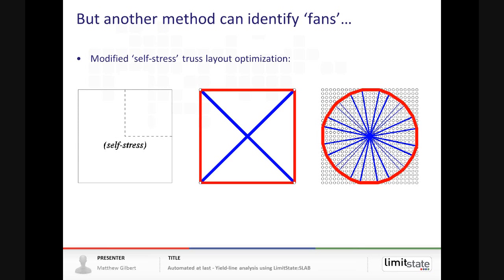If we change the formulation slightly, so instead of dealing with supports and externally applied loads, we think of a self-stress or pre-stress problem, then we can get the full fan-type geometry that, if we're approaching this from a slab perspective, corresponds to the point load on a slab problem.